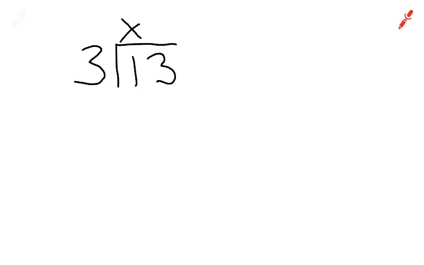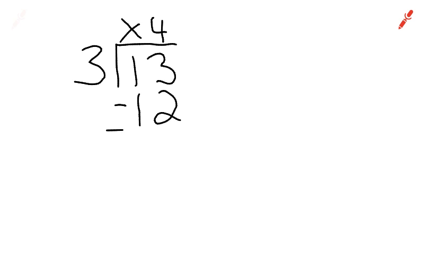Let's look at 1b. 13 divided by 3. 3 does not go into 1, so we need to put an X over our 1. 3 does go into 13. 3 times 4 is 12.